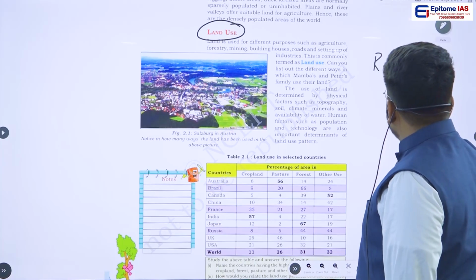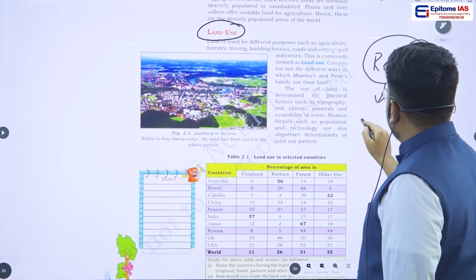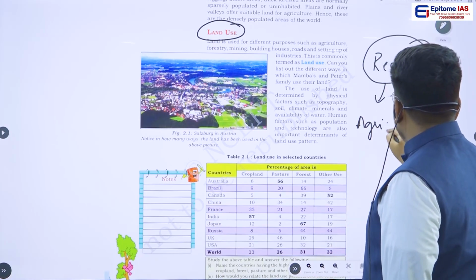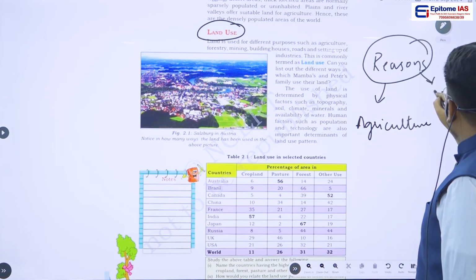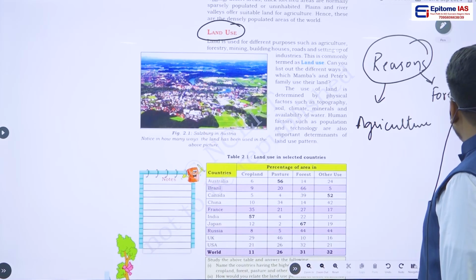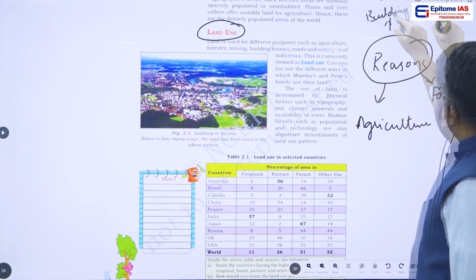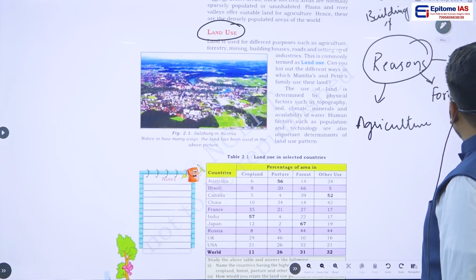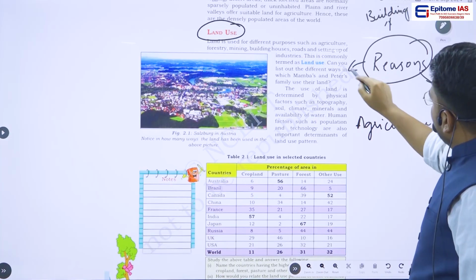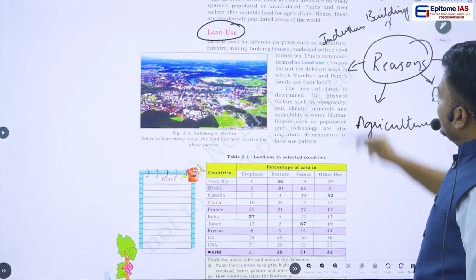But the point here is the reasons why we are using the land. The land would be used for agriculture, and for forestry, and for building houses, and the same land would be used for construction of roads, and we can use this land for the construction of industries.